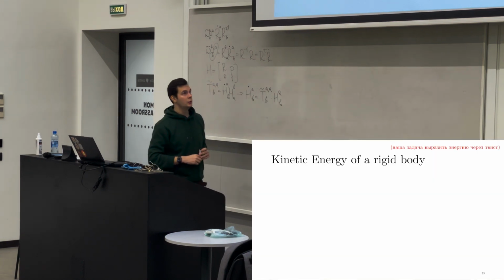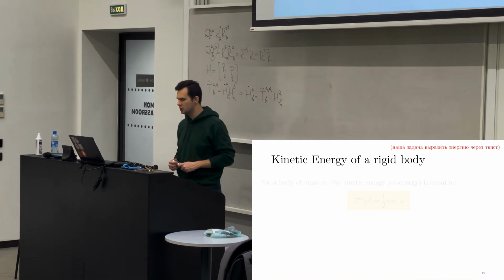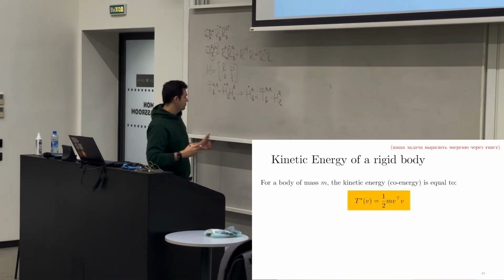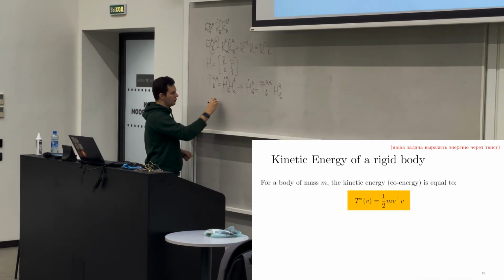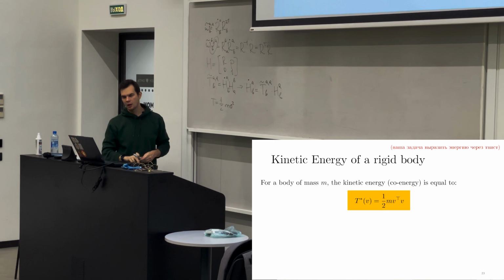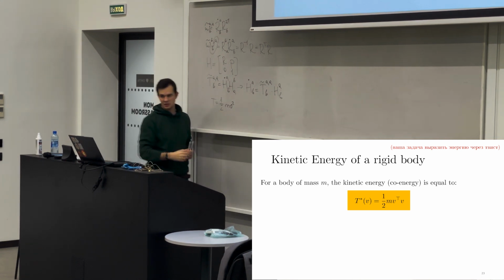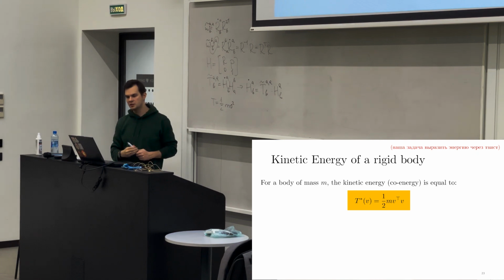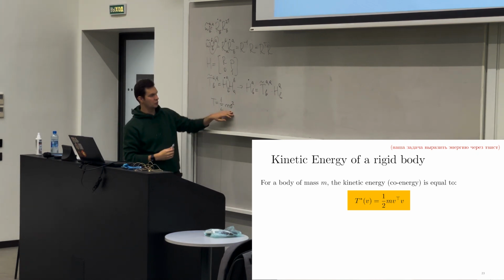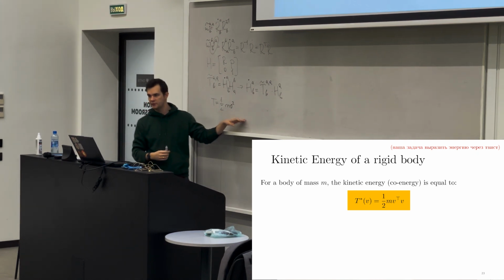It's like if we have a point mass, the kinetic energy will be just 1/2 mass v squared. But this is in the case if v is a scalar. If v is a vector, you need to multiply v transpose times v.